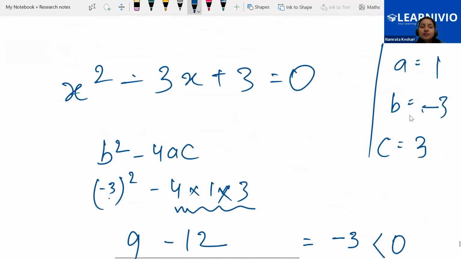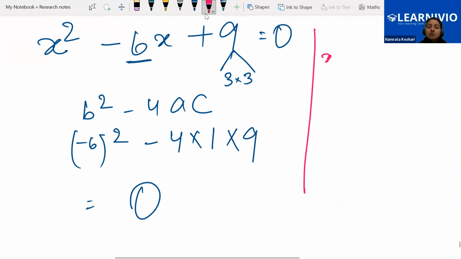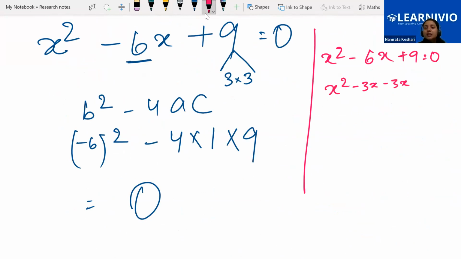When you solve it by splitting the middle term, 3 into 3, 9. When you solve it, x square minus 6x plus 9 is equal to 0. If you solve it by taking minus 3x, check it. Are you getting both the roots as the same? Yes or no?